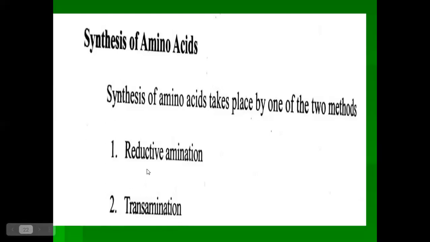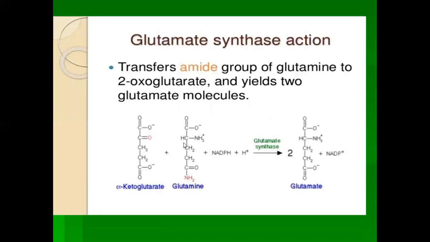Now first we discuss reductive amination. Reductive amination is also called glutamate synthase action. In the first reaction, the amide group of glutamine is transferred to 2-oxoglutarate, which yields two glutamate molecules.